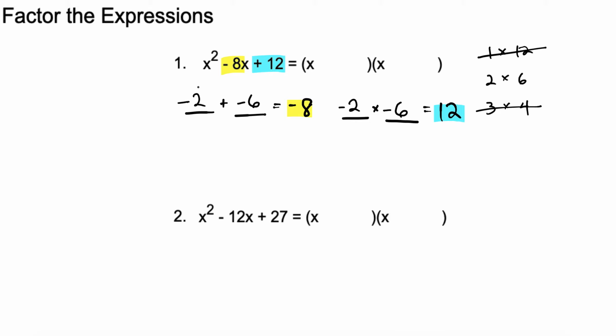Once we have our two numbers, we're just going to plug them into the two sets of parentheses that we had in our first step. So I have x minus 2 times x minus 6, and this becomes my final answer. So x minus 2 times x minus 6 is the final answer for number 1.